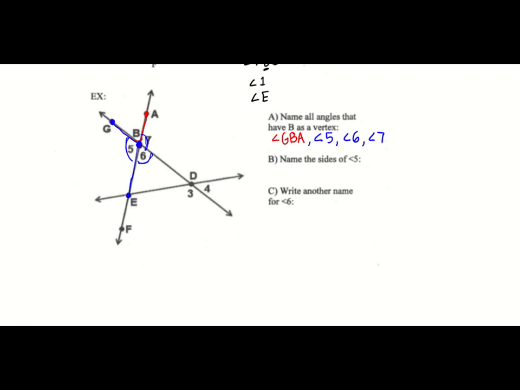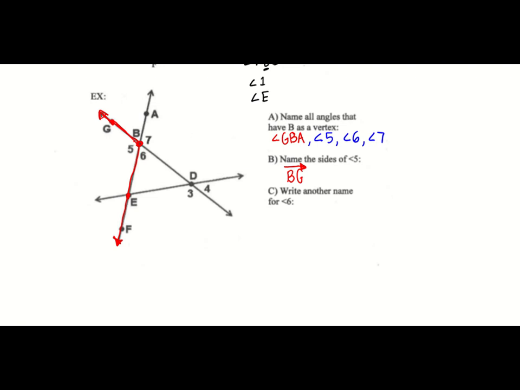Okay, my next question, name the sides of angle 5. So I'm going to erase this here. The sides of angle 5, we've got angle 5 right here, and our rays are the sides. So this is going to go all the way past here. The first ray, I start at my vertex, B, and I'm going to go past G. Start at B, go past G, so my arrow is going to go this way.